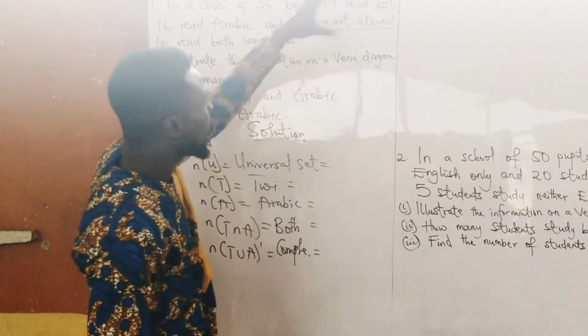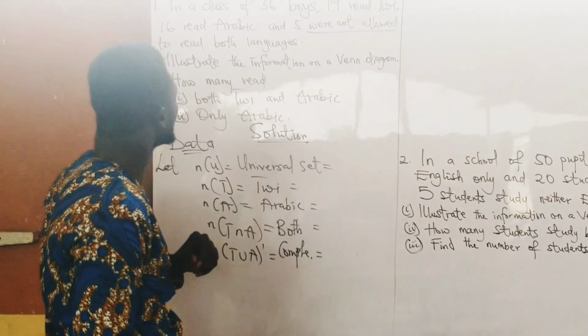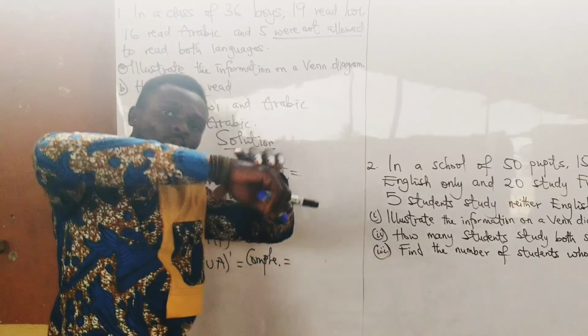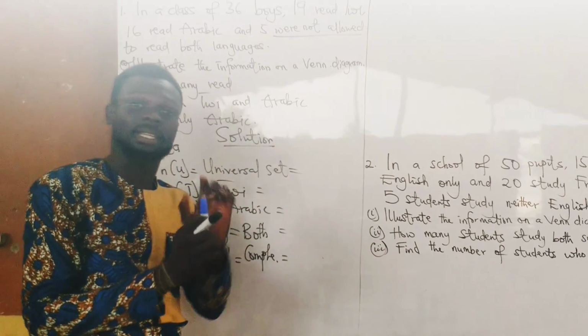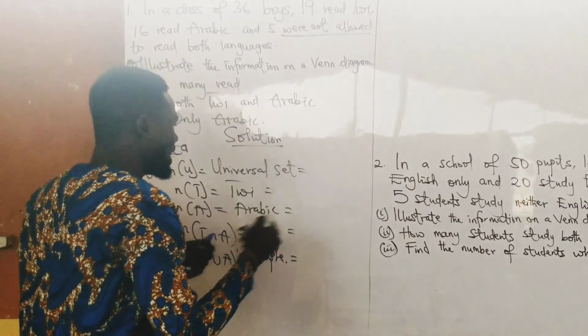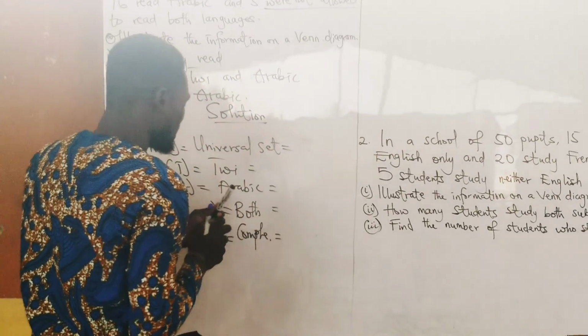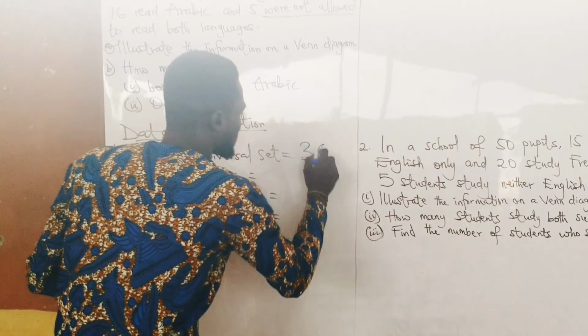So with this, I'm going to read my question again: in a class of 36 boys, the total number of boys in terms of the universal set is 36.